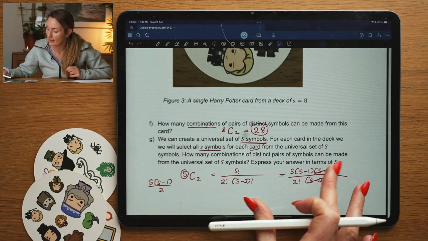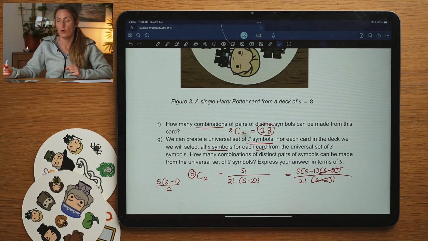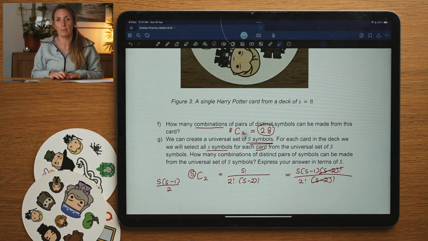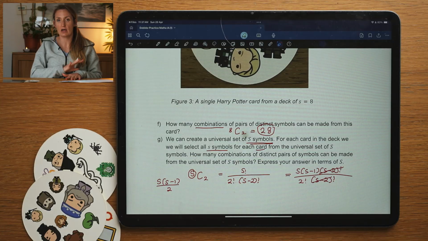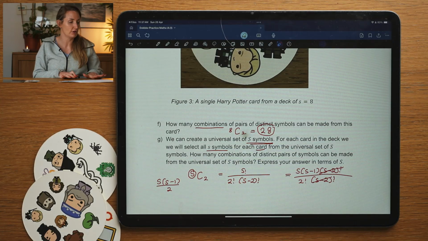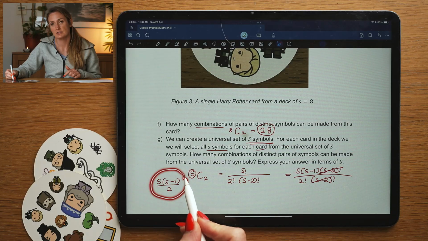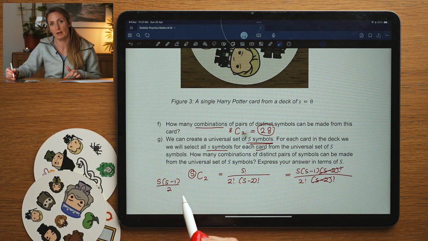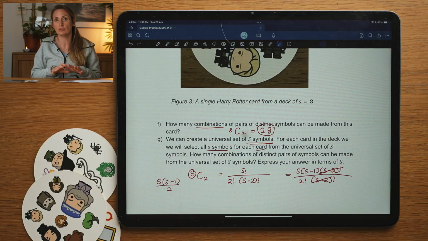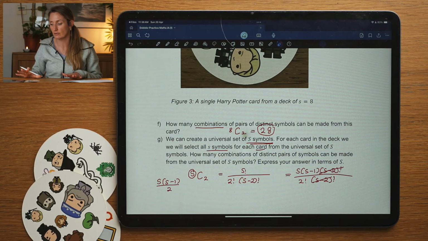If we go back to 1G, we know the total number of pairs from the entire system, if I looked at every single card, is big S times S minus 1 divided by 2. That is the total number of pairs if you counted up the pairs from every single card.